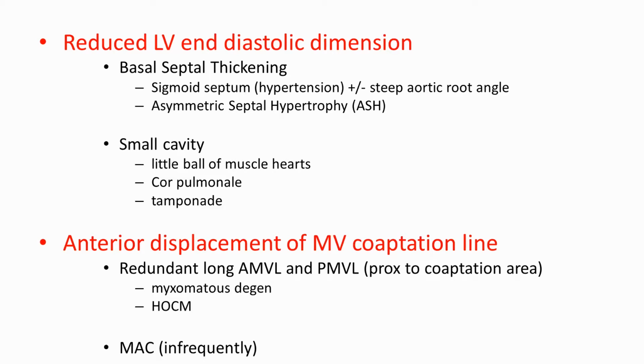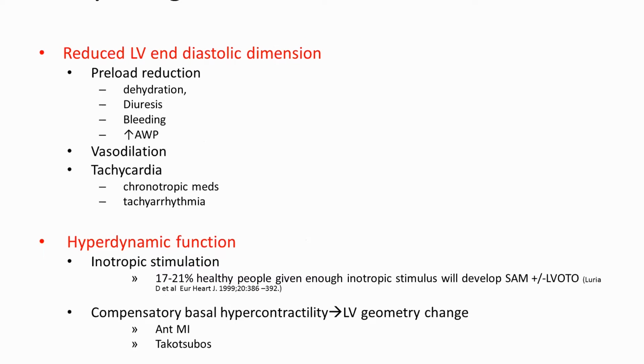And that's usually due to redundancy of the anterior and posterior mitral valve leaflets, particularly in myxomatous degeneration, but also in HOCM, where there is an anatomical abnormality of the mitral valve. And sometimes you can see it in people with really quite severe mitral annular calcification, when there's a whole bunch of limestone on the posterior annulus and it pushes the coaptation line up. It can sometimes be associated with SAM.